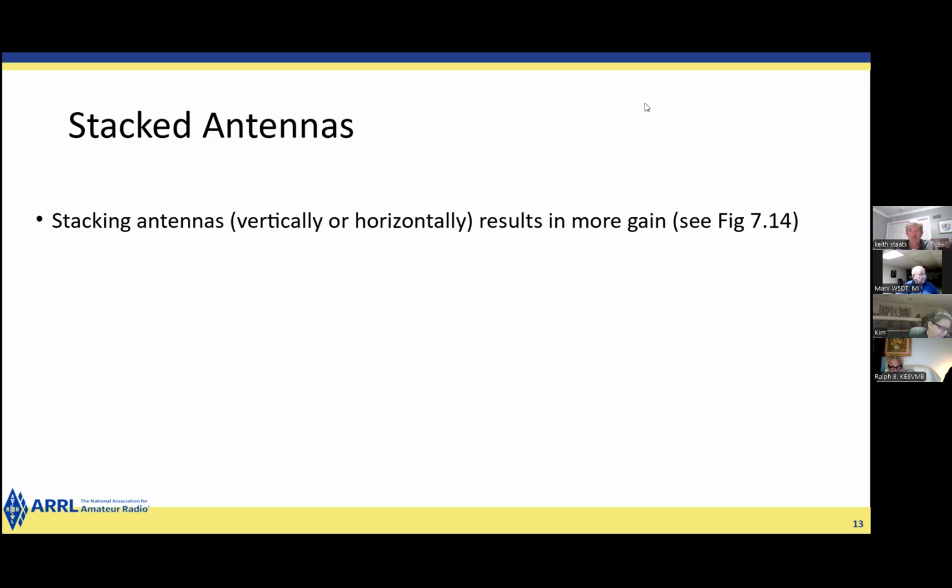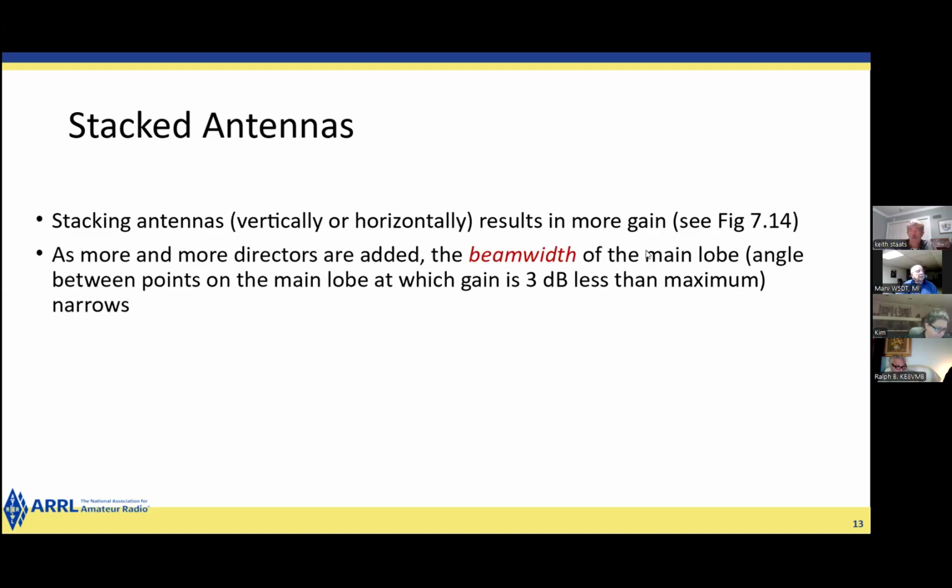If you look at 7.14 in your book, you can see the image of stacked antennas, and it does give you more gain as you add more and more directors.